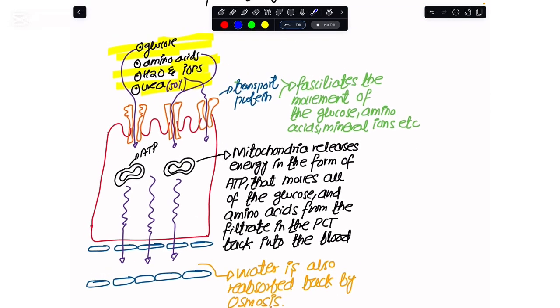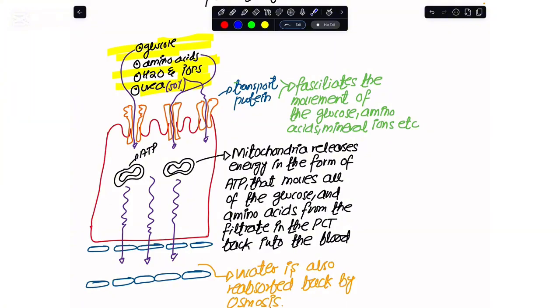To understand how selective reabsorption takes place in the PCT, the mitochondria in the cells of the first coiled tubule release energy in the form of ATP, and that moves all of the glucose and all of the amino acids back from the filtrate into the blood, and some of the minerals and ions are also reabsorbed from here.